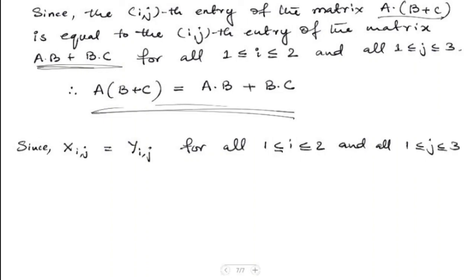So we have 2 rows and 3 columns. That's how we numbered them. Therefore A times B plus C is equal to A times B plus A times C. And that's the end of the first property.